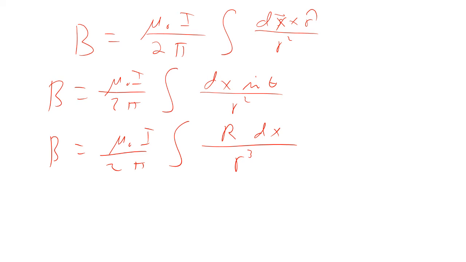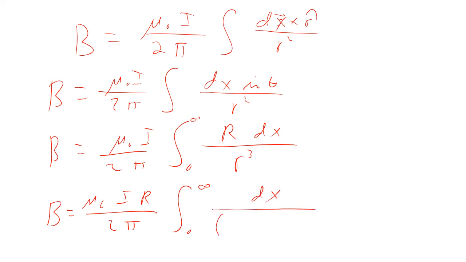Okay, and then the R doesn't do anything. We're going from 0 to infinity up here. And so B is mu naught I R over 2 pi, because that's a constant, integral from 0 to infinity of dx over x squared plus big R squared to the 3/2. So there is my integral.